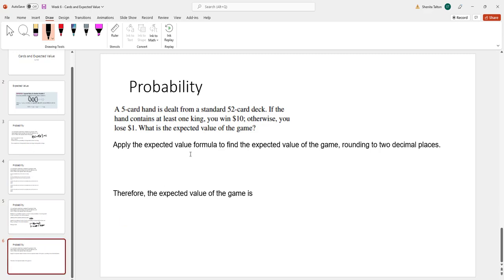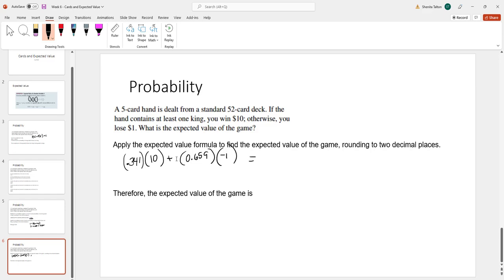So now let's go ahead and find the expected value. Okay, so in order for you to win $10, you have to get at least one king. The probability of you getting at least one king is 0.341, and we know we win $10. The probability that you do not get a king is 0.659. And if you don't get a king, then that means you lose $1. Okay?